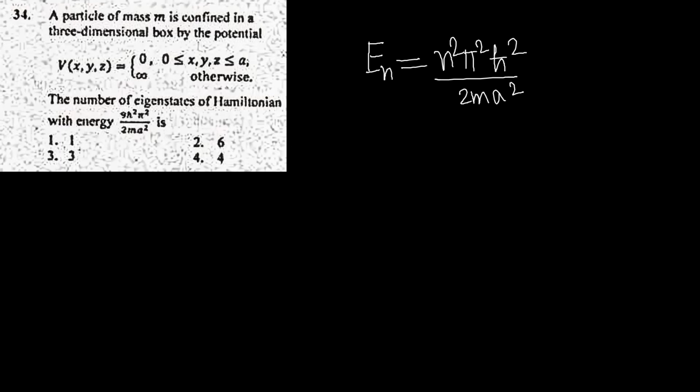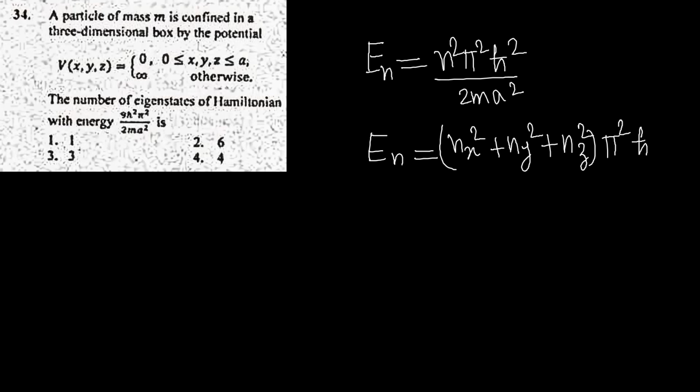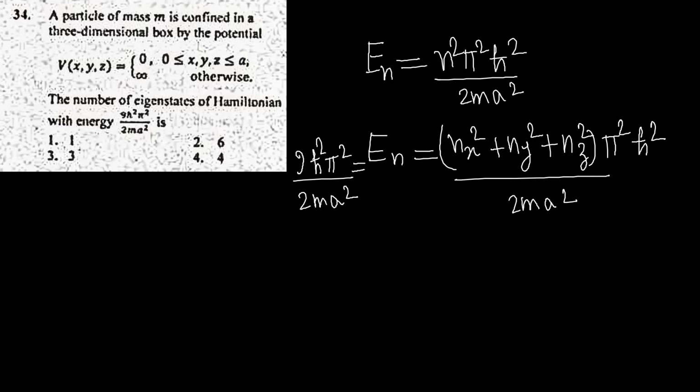But this is the case for a three-dimensional infinite potential box, so we will write it as nx square plus ny square plus nz square, into pi square h cross square upon 2ma square. And this is given to you: 9 h cross square pi square upon 2ma square. Now we have to find the values of nx, ny, nz for which the sum of nx square, ny square, nz square will be 9. And how many such values are possible?